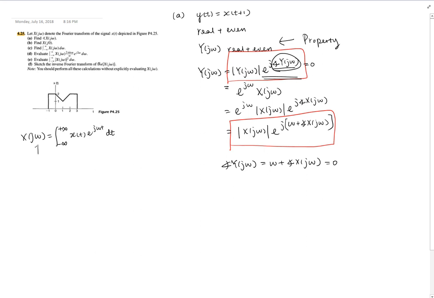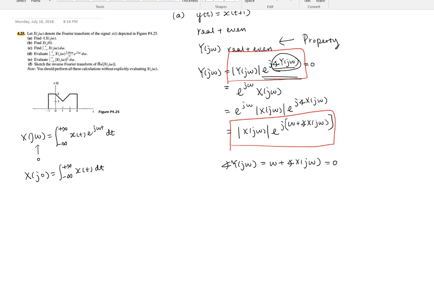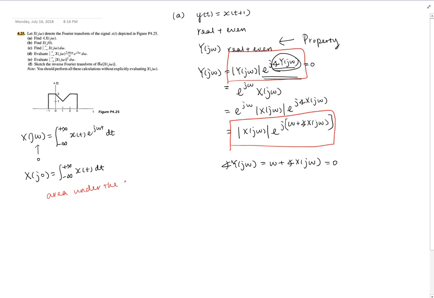And if we plug in 0 for omega, we get what we want, which is the area under the curve. This red area.